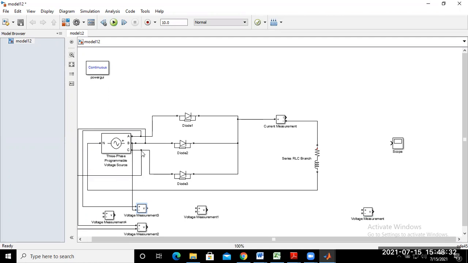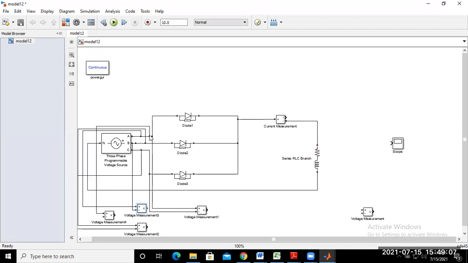So just connect here. And similarly, this voltmeter is connected between line A and C. So just connect to this point, A and C. Now, if you want to measure the phase voltage, then connect this voltmeter terminal between phase A and neutral. So where is phase A?